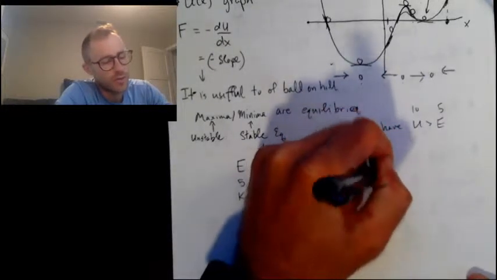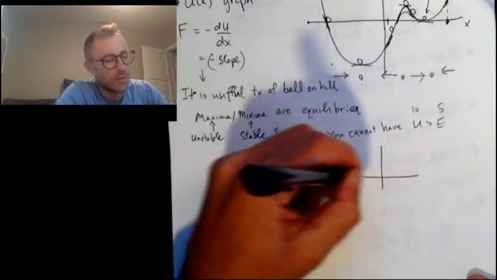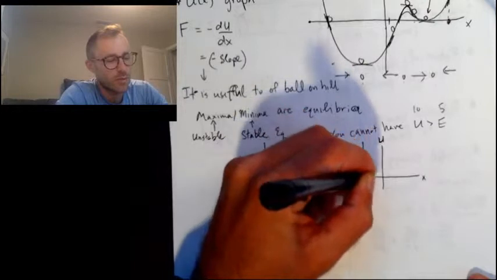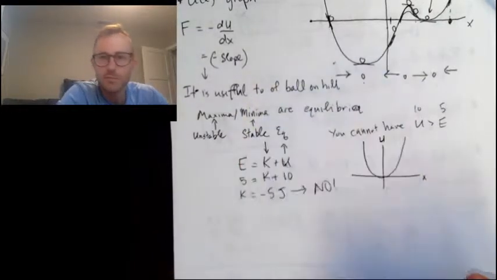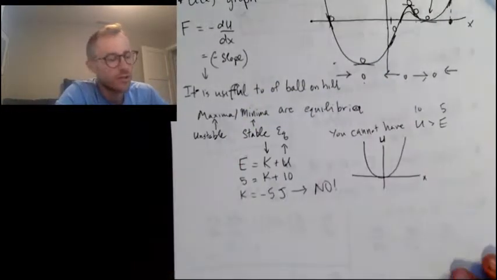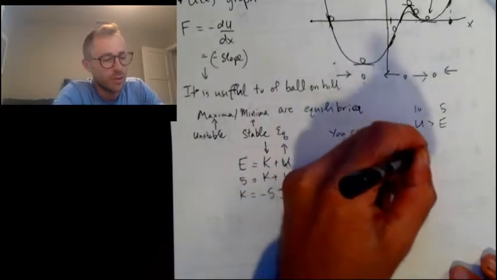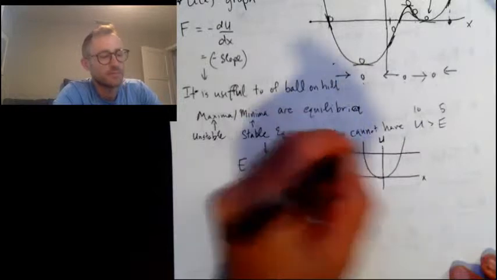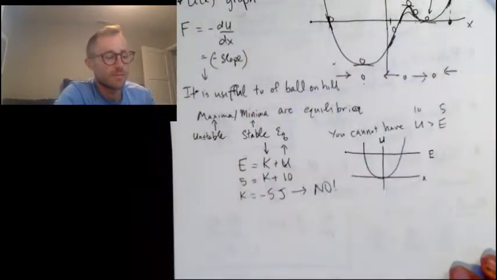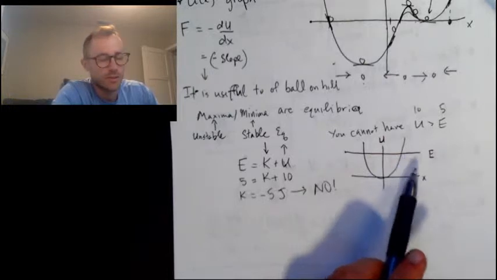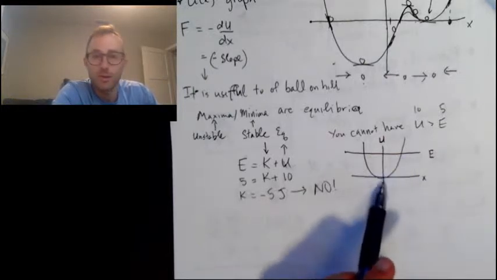So let's suppose I have a U of x graph that is very simple. It looks like this, just a parabola, for example. Okay? I can draw a horizontal line representing the total amount of energy. Now we have to have the potential energy less than the total energy.